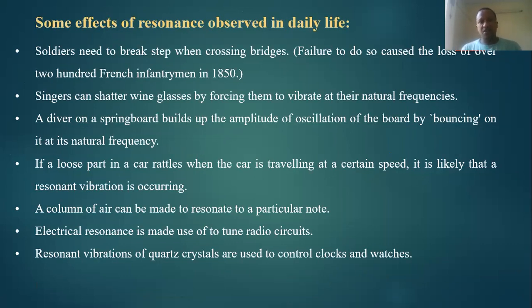So the failure of a bridge due to the marching of soldiers over it is also one of the best examples of the resonance condition. A diver on a springboard builds up the amplitude of oscillations of the board by bouncing at its natural frequency. So we can give many examples of the condition of resonance.